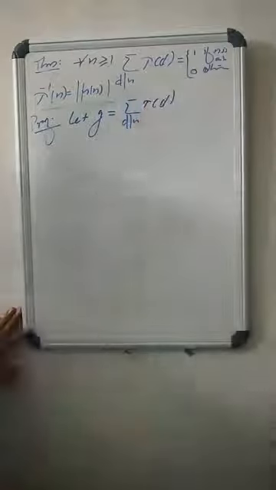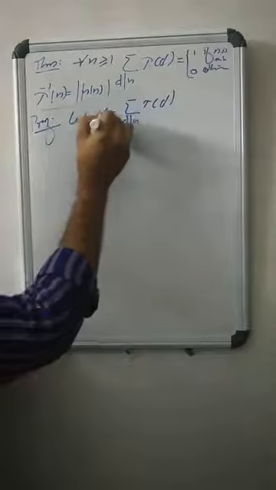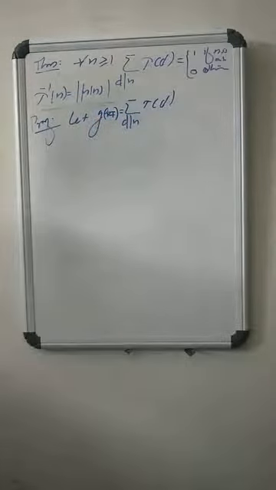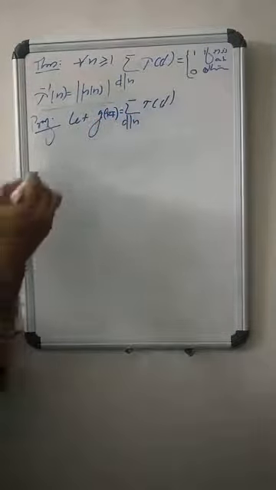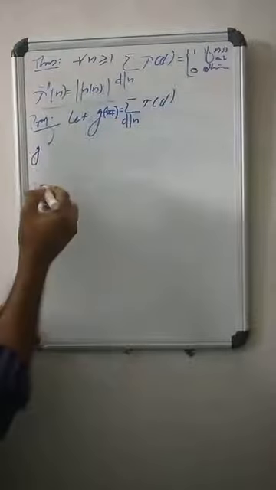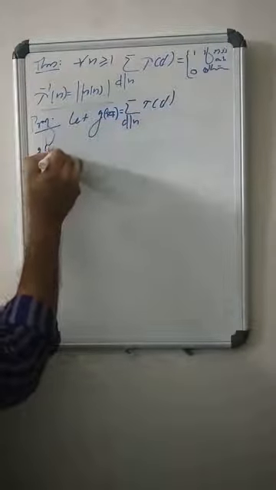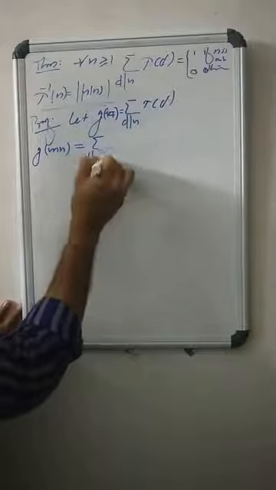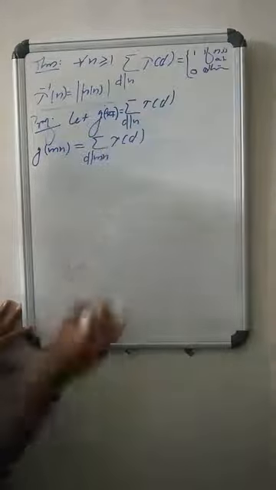Let g(n) equal the sum over d dividing n of lambda(d). Clearly g is multiplicative. Why? Because lambda is completely multiplicative. Moreover, what about g(mn)? g(mn) equals the sum over d dividing mn of lambda(d).